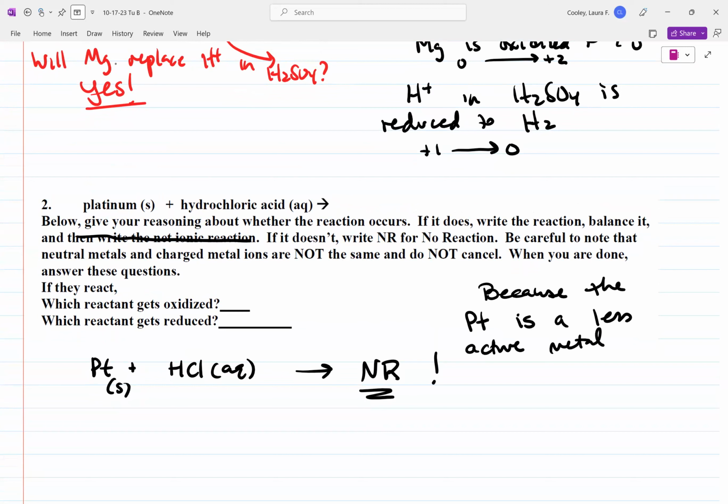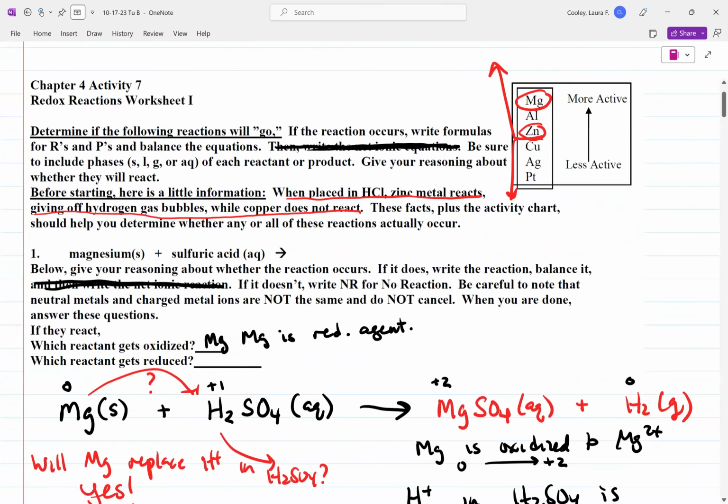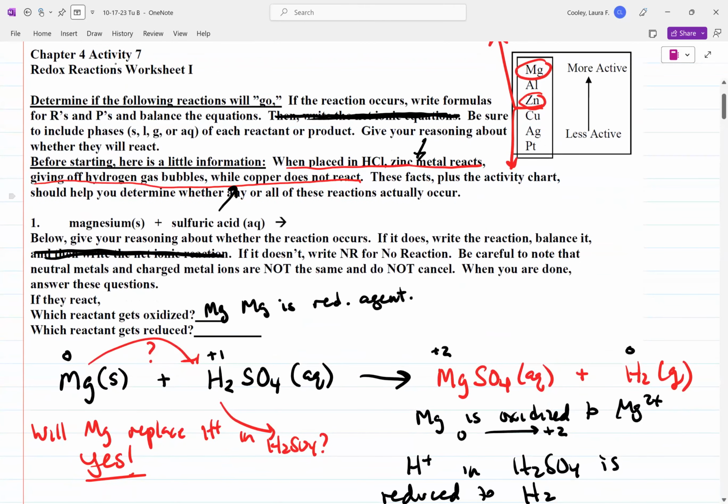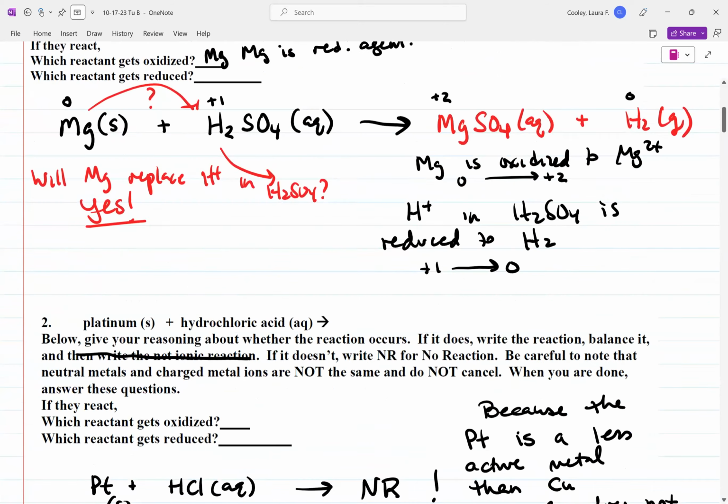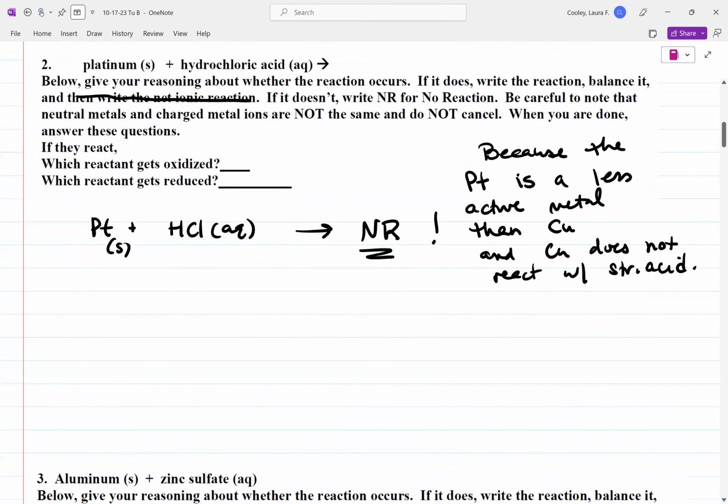All right, you're right, but let's put it more specifically: the platinum is a less active metal than copper, and copper does not react with strong acid. And how do I know copper doesn't react with strong acid? Because it says it over here. Okay. So platinum, that's no reaction.